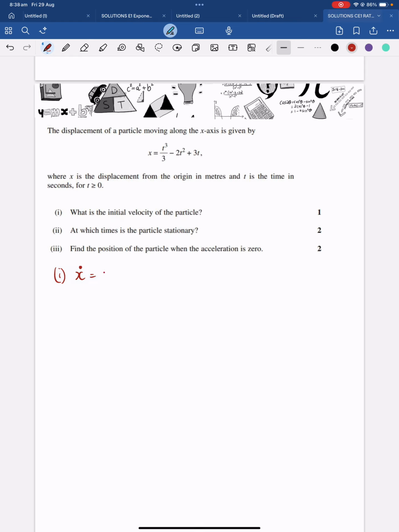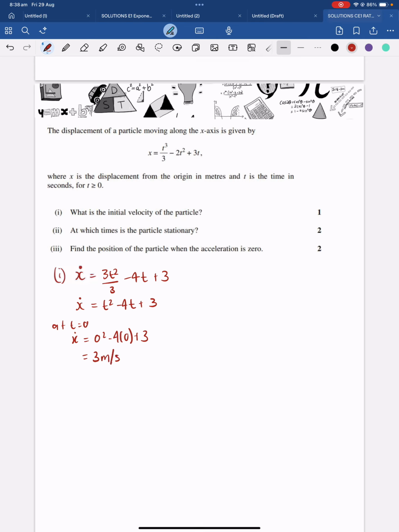Again, pause the video if you'd like and give it a go yourself. And what are we? Meters per second.